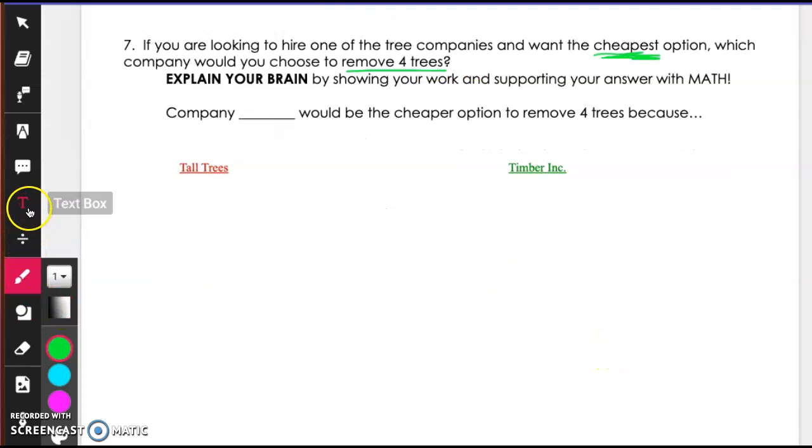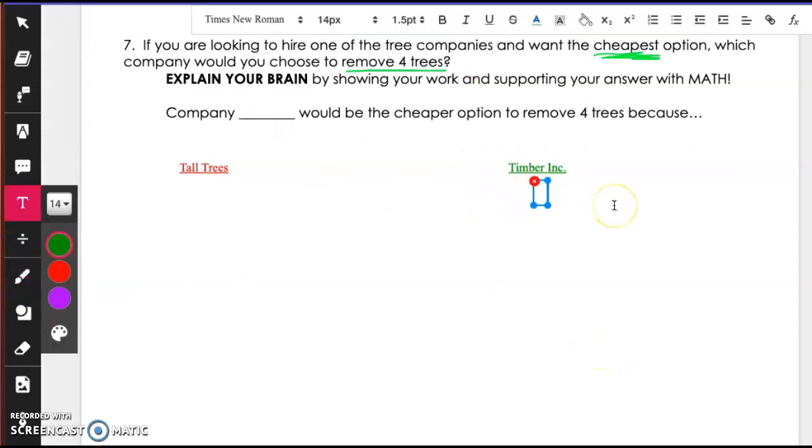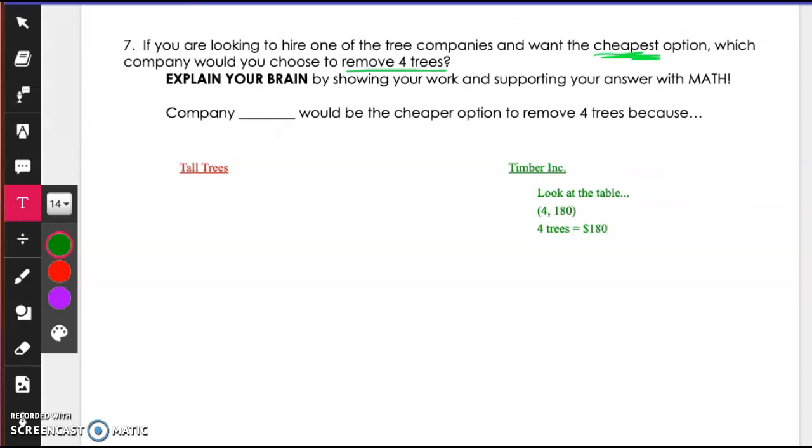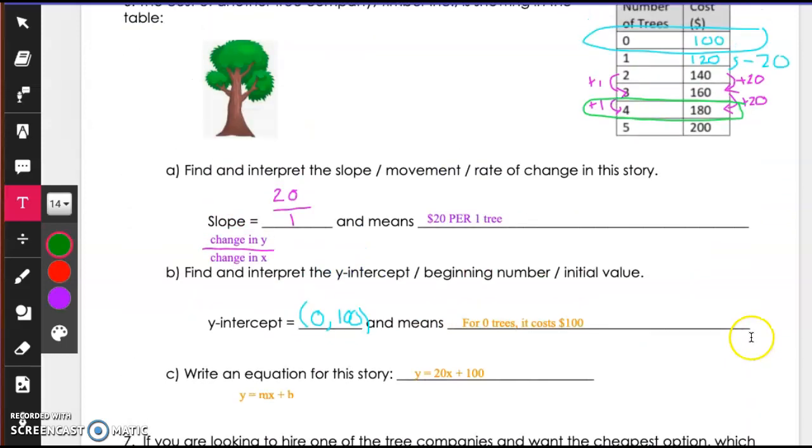So, for my explain your brain, I'm just going to say I looked at the table and found the pair for 180, which means 4 trees equals $180. I have explained my brain's process. Make sure you do that. Okay? 4 trees, $180. It was right there for us.